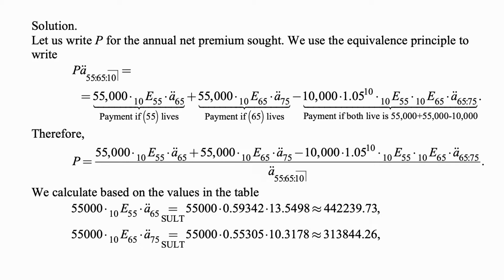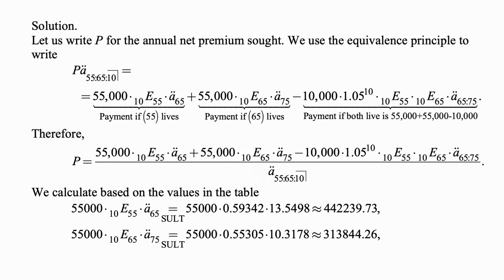So anyway, plus the same way for the person who is now 65 will survive 10 years, with payment of 55,000. So both of these are paid if both of them are alive, and that's a total of 110,000. But we are told that the payment is 100,000 if they both are alive.